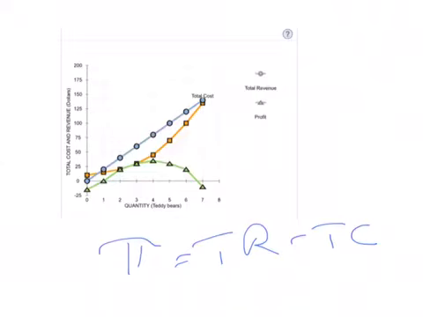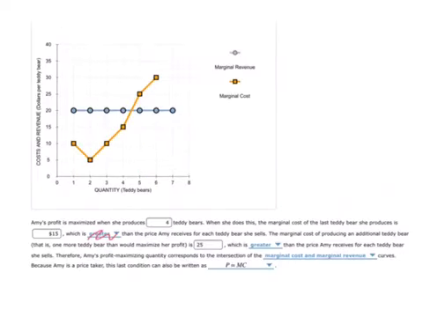Okay, so profit tends to go up and then it goes down. Why is that? That's because marginal cost goes up. So we always have to watch our marginal cost and marginal revenues. What that means is that if the extra cost of producing one more teddy bear is less than the extra revenue from selling one more teddy bear, then profit's going to go up.